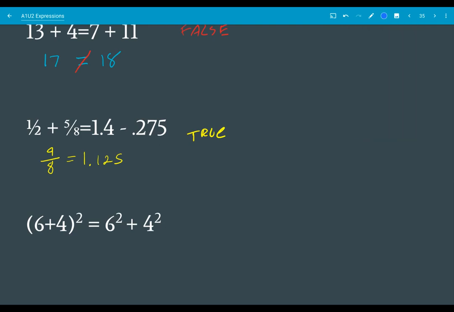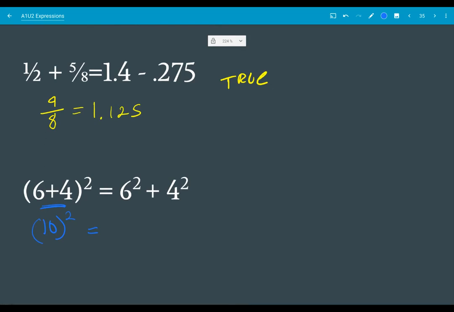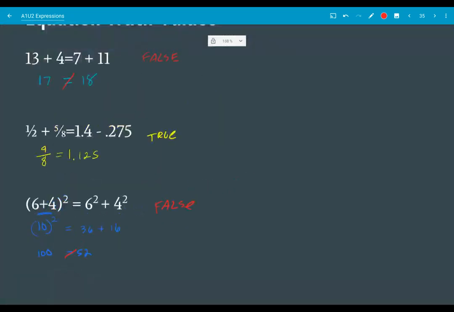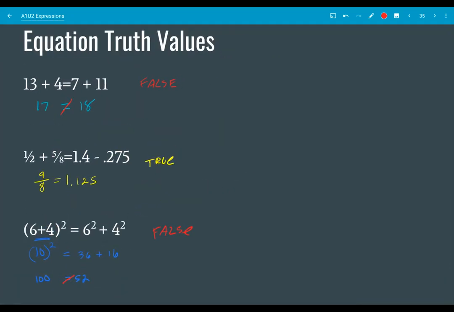Remember, parentheses first, following our order of operations. So we do what's in here first. So we get 10 squared equals, let's go to the, so PE, parentheses, then exponents. So this side is 36 plus 16. So this is 52, and this side ends up being 100. And that one is false. So hopefully that helps illustrate to you truth values and what those are.